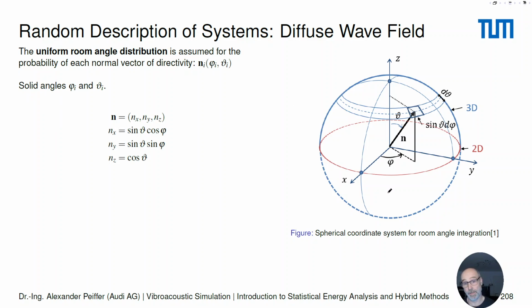The combination of both are called the solid angle, and when we would like to describe one specific normal vector, it is defined by the different components in x, y, and z direction given by the angles of the spherical coordinate system. When we talk about the three-dimensional space, we need the sphere.